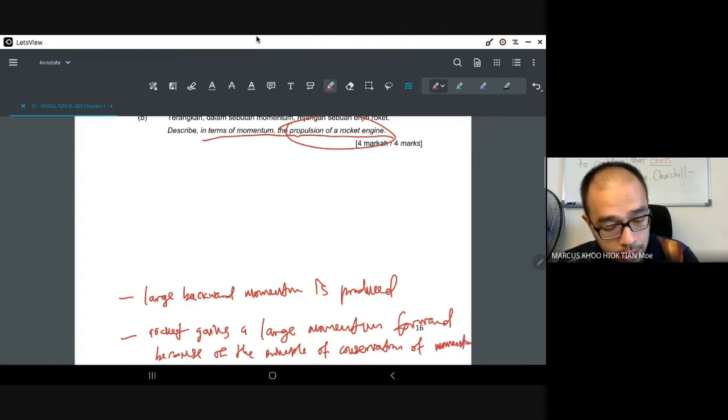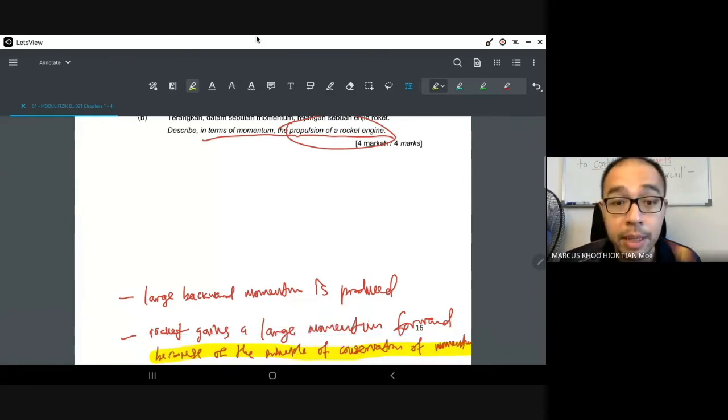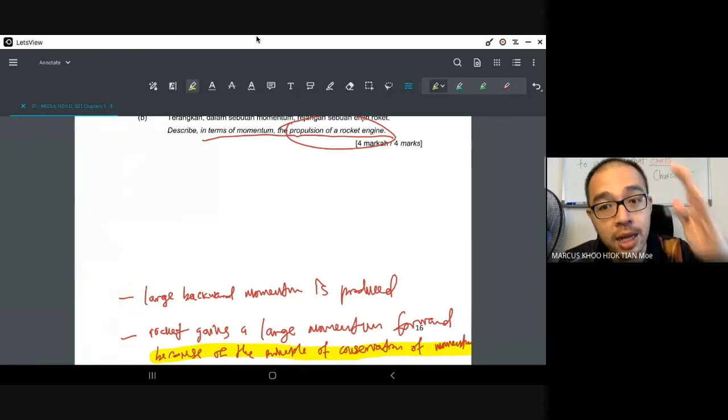This is the most important line that should be mentioned. Because of the principle of conservation of momentum, that's why the rocket gains a large momentum forward.